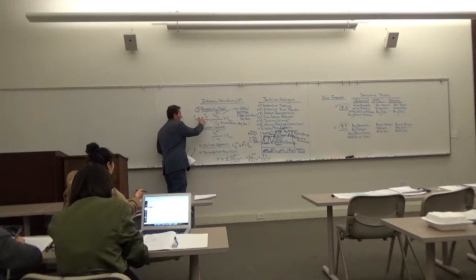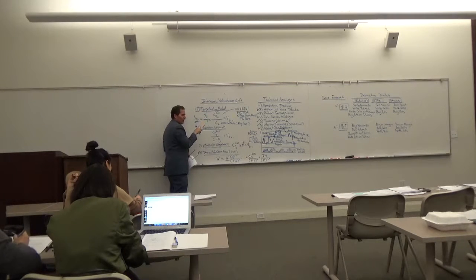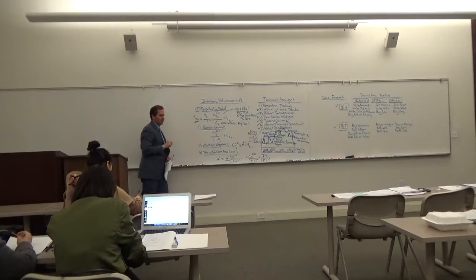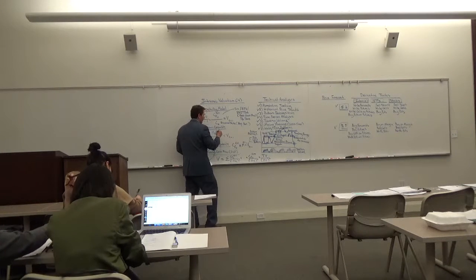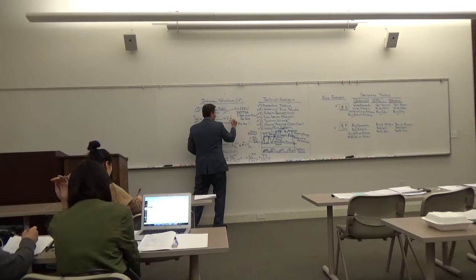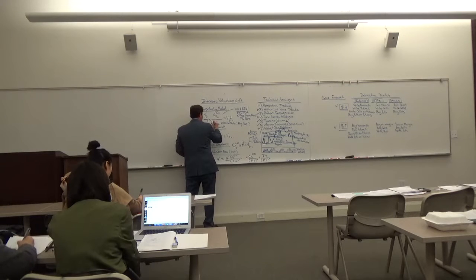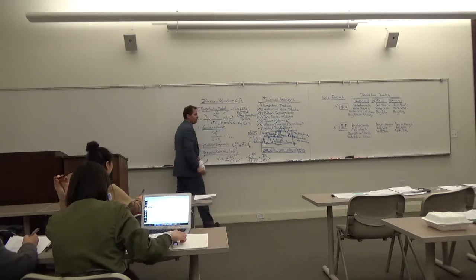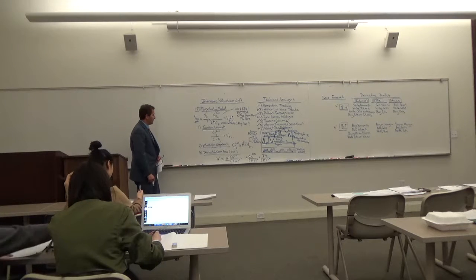I take $10 divided by the 0.1, I'm going to get $100. That's the intrinsic value of the share using the perpetuity model. Now, if interest rates or expected returns go up, the value goes down. The expected return or interest rates go down, the values go up. Pretty straightforward.